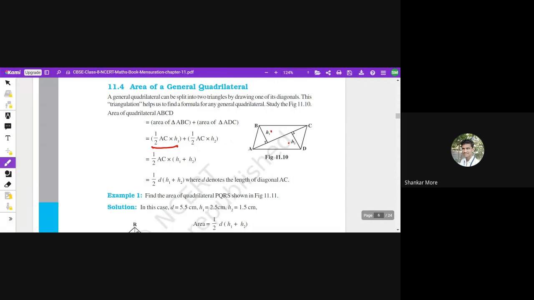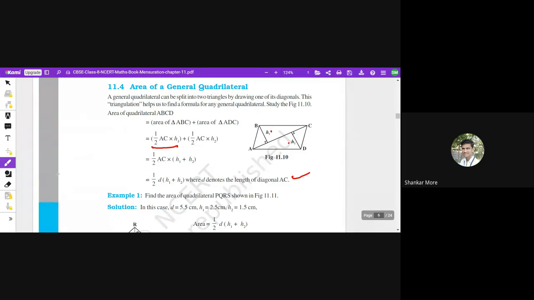Similarly 1/2 AC into H2. So here we have 1/2 AC common आएगा and H1 plus H2 in separate brackets. So 1/2 D into (H1 plus H2), where D denotes the length of diagonal AC. यहाँ पे D is diagonal and H1 and H2 are heights.